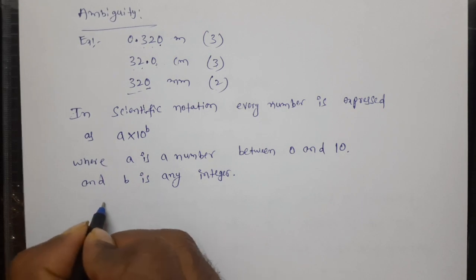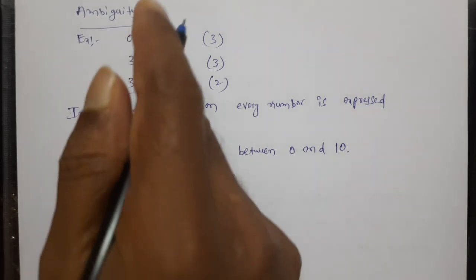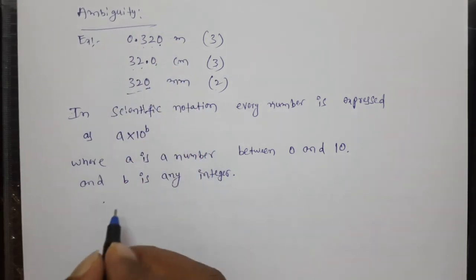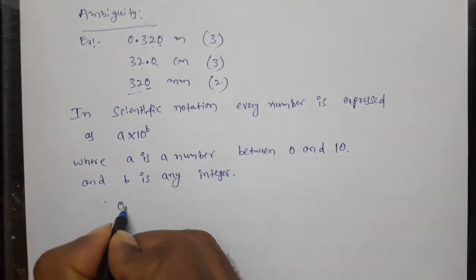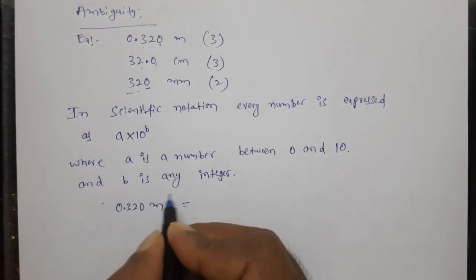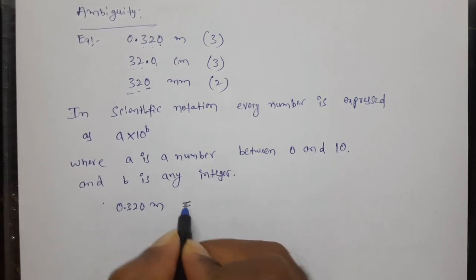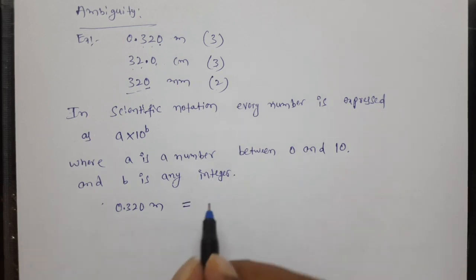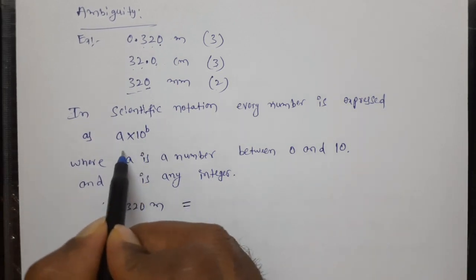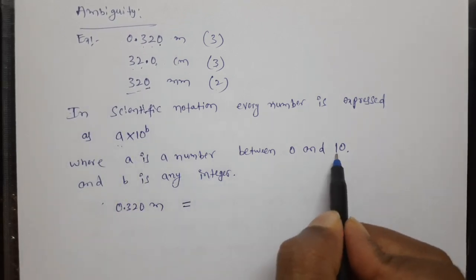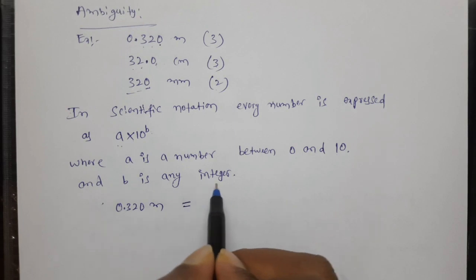Now let us write the same readings. Just now we have taken these three, right? Now let us write the three readings in scientific notation. 0.320 meters. Now let us write this value in scientific notation. The scientific notation is a into 10 power b. a is a number between 0 and 10, and b is any integer.